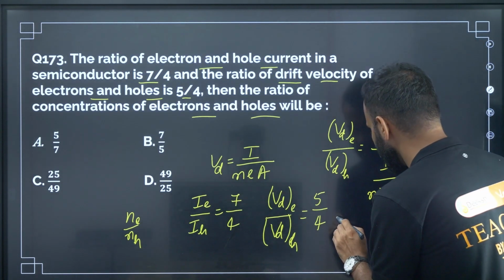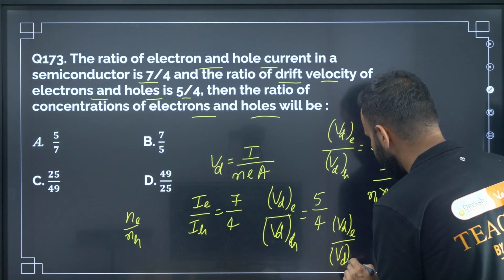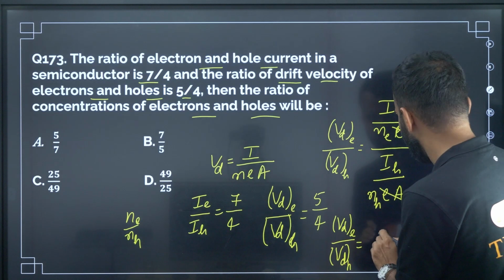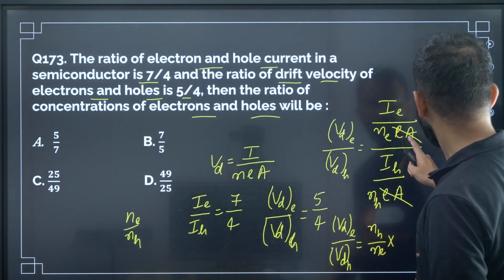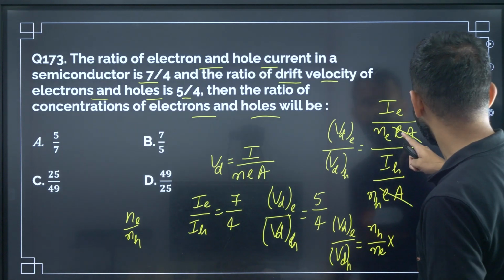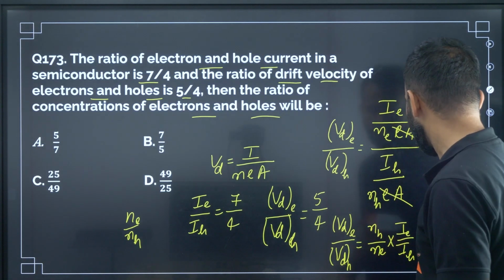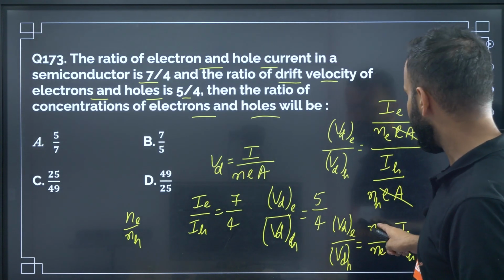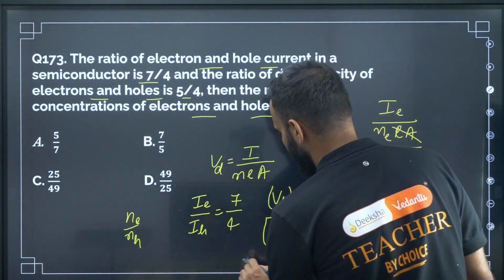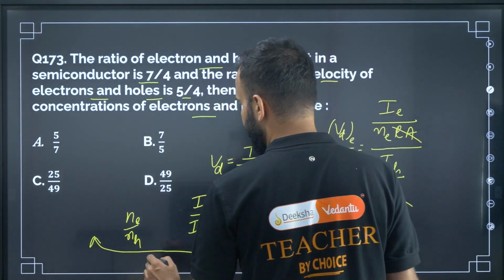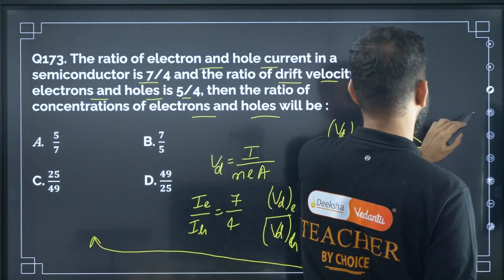So VDE divided by VDH is equal to NH divided by NE into IE divided by IH. So we need to find NE by NH.